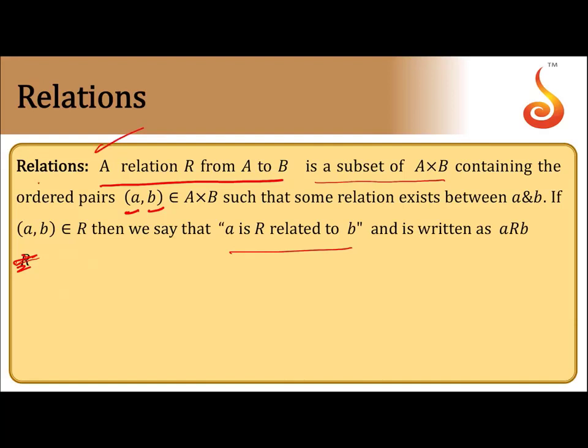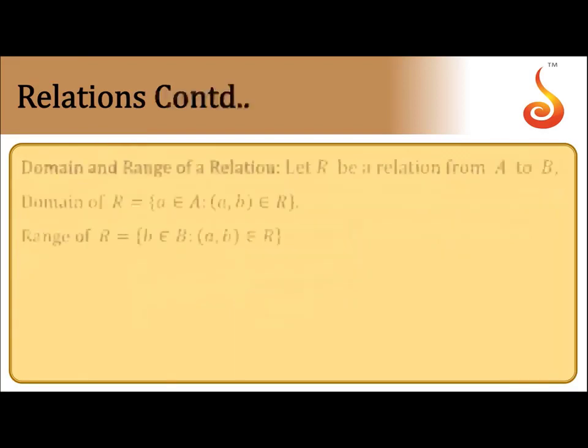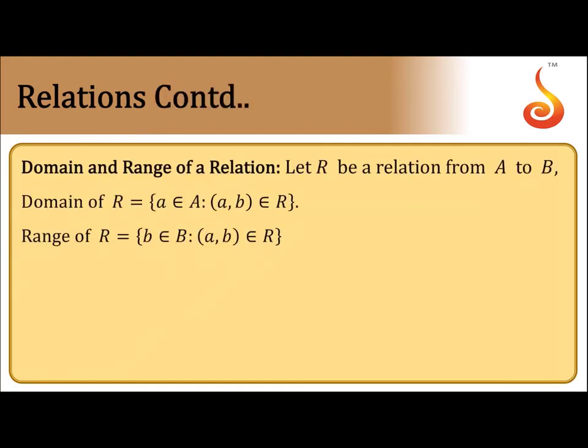In other words, a relation is a set of ordered pairs (a, b) belongs to R, where a belongs to A and b belongs to B. At the same time, a is in relation with b. That is an additional thing which we need to remember.